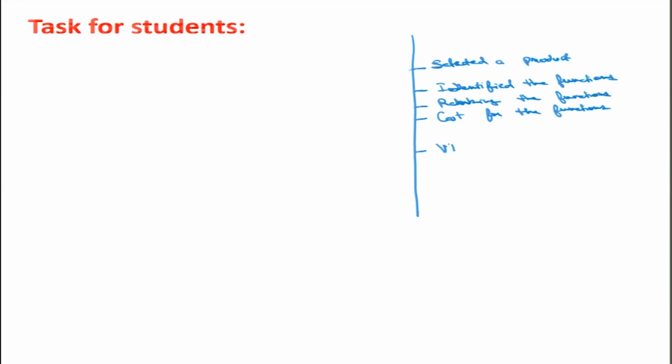And try to find VIP, value improvement potential, and try to find the poor value functions. This is the task for today.